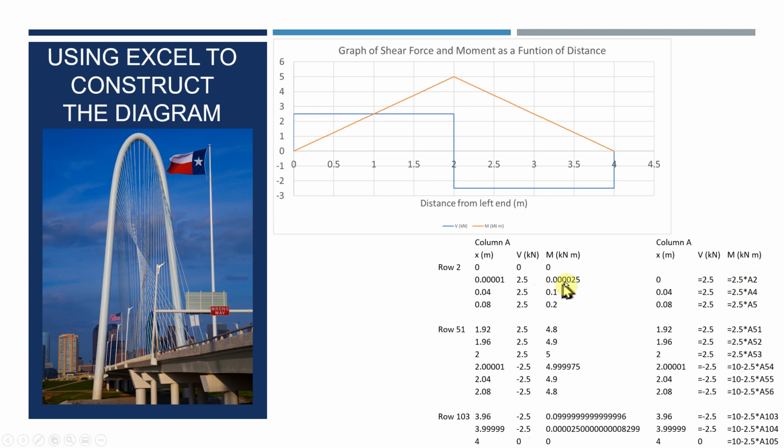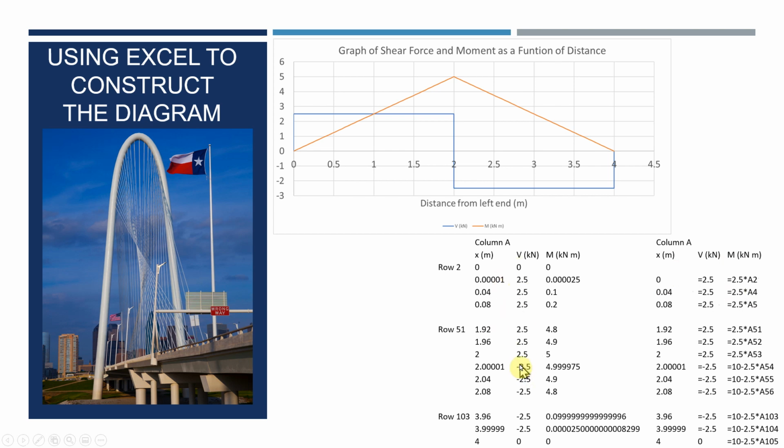Okay, M is 2.5x. Here's A2, column A, row 2. These are the formulas, by the way. I'm showing the formulas for you guys.